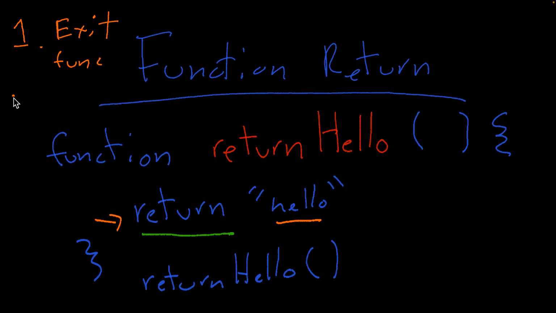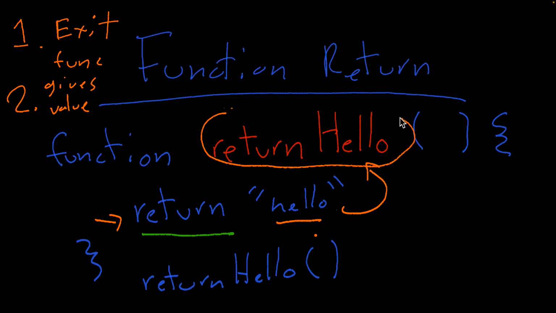The second thing it does is it gives value to the function. So this string now gives a value to this function. Okay, what does that mean? What does that mean? It gives a value.